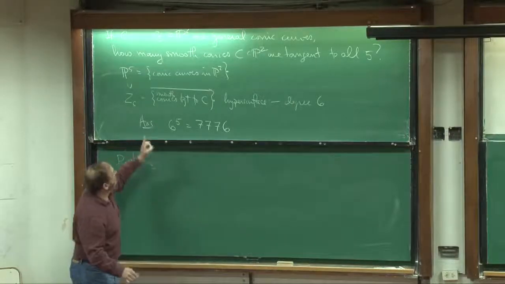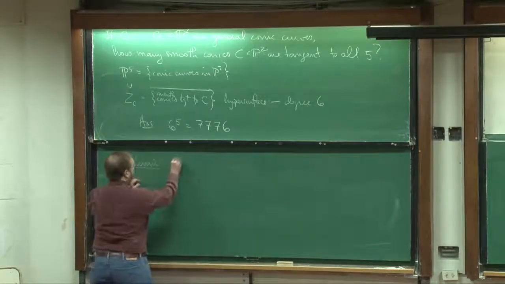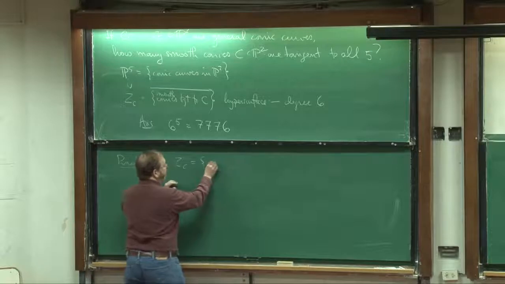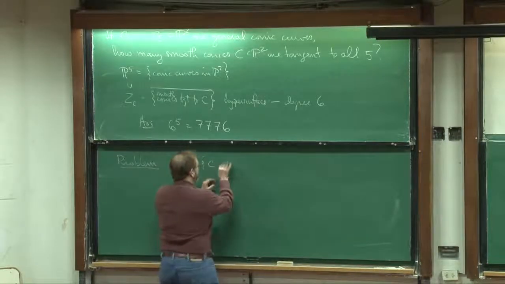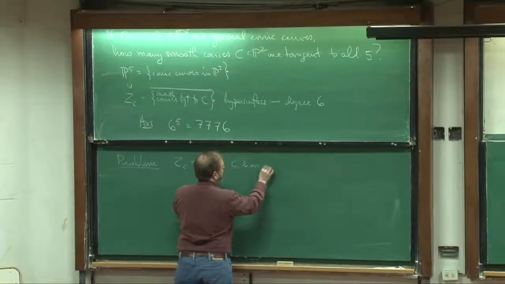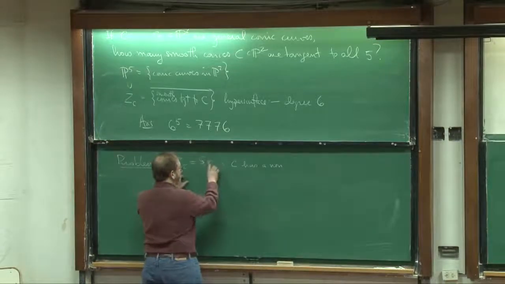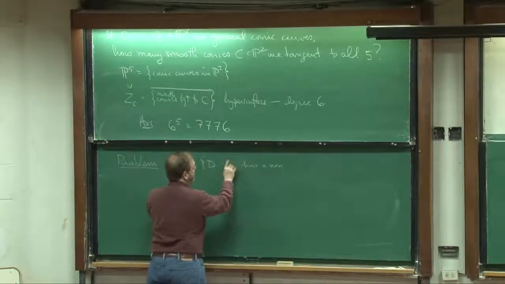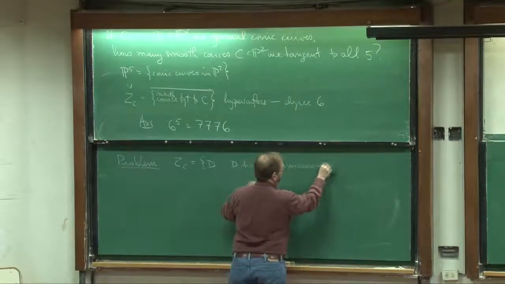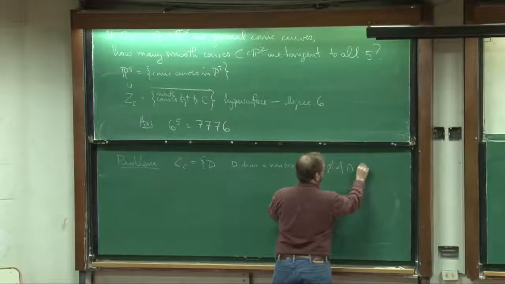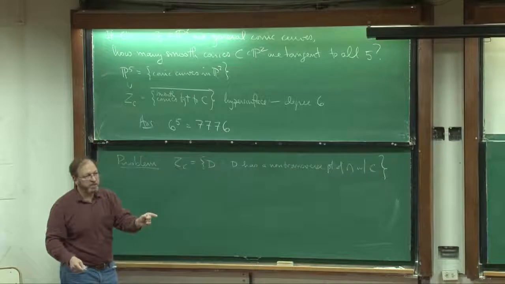But if you think about it also in terms of discriminants, what we're asking for is the set of conics here, and I just now mean all possible conics, such that C has a non-transverse point of intersection. Z sub C is the set of conics D such that D has a non-transverse point of intersection with C. In other words, it fails to meet C in 4 distinct points.